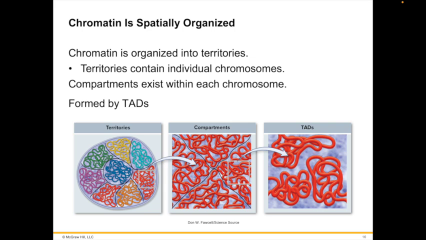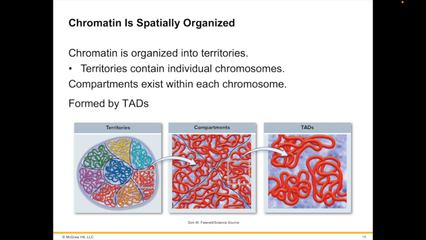So starting at the top left and going clockwise, the top row shows the organization of chromatin in interphase in the nucleus. The individual chromosomes tend to be organized into territories that exclude other chromosomes. Within a chromosome, chromatin is organized into compartments that consist of either active or inactive regions.